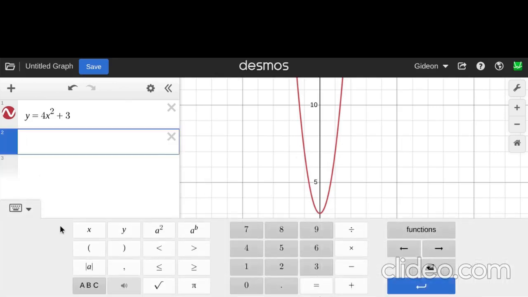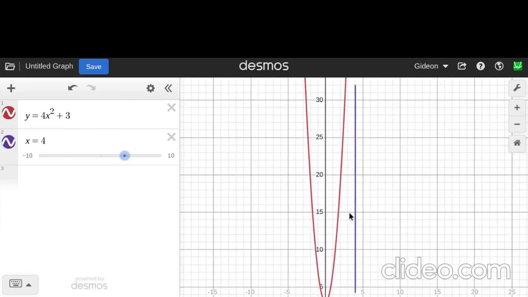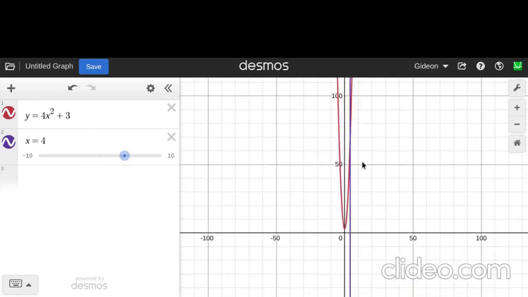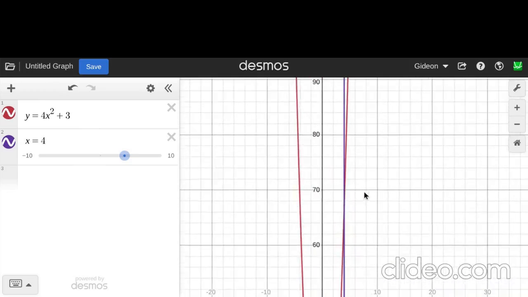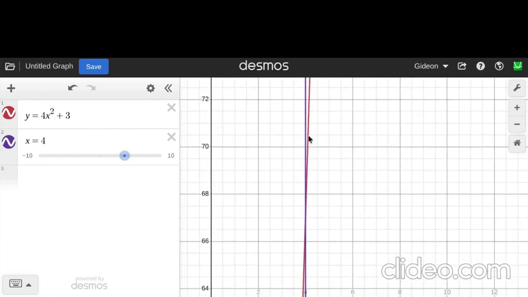So it's asking when x equals 4. One way you can do this graphically, now I kind of chose a bad point because it's pretty far separated, you can see where these two lines intersect, and that point is right here at 67. And that's all you would have to do if you have a graph.